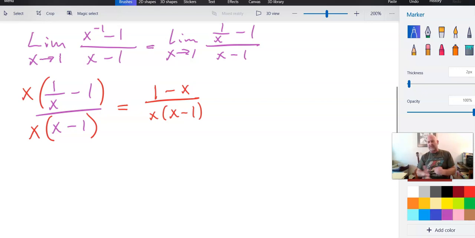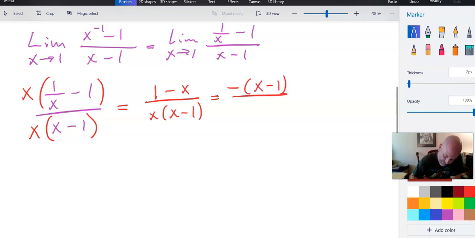Now, nothing matches exactly, but you notice I have a positive x here and a negative x here. I have a positive 1 here and a negative 1 here. So that means if we switch all the signs, it'll match up and cancel out. So I'm going to factor out a negative and make this x minus 1. And so now this is that.